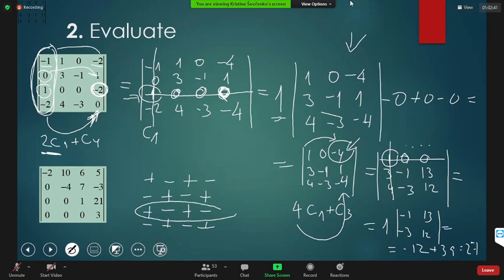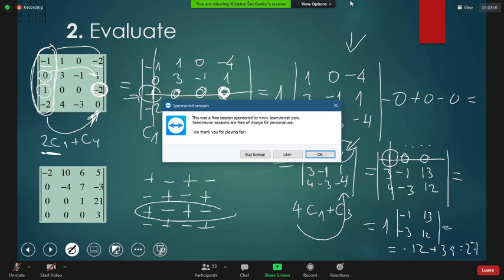So the more zeros we can make in one row, the easier it will be to find that determinant. Basically, what you should never do, I know that some people might be doing it, is expand the fourth order determinant by definition, especially if there are no zeros. So your first attempt should be to make zeros, see if you can make some zeros.